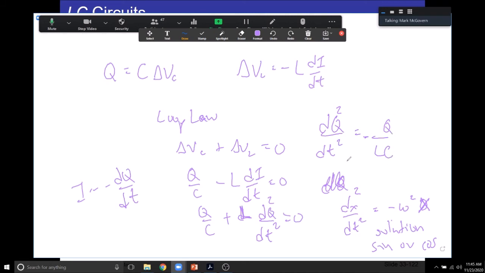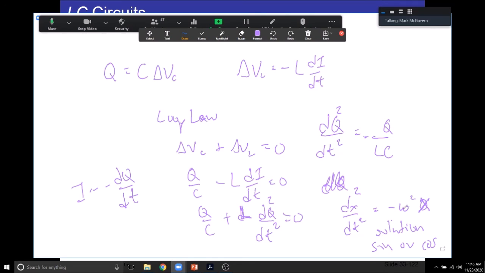Now, you might remember this, probably not, from Physics 110, but this equation shows up in a lot of systems. It shows up in any oscillatory system. When we did oscillations in Physics 110, and you learn this in differential equations too, the coefficient in front here is the square of the angular frequency of oscillation.